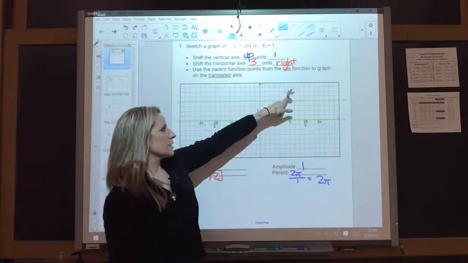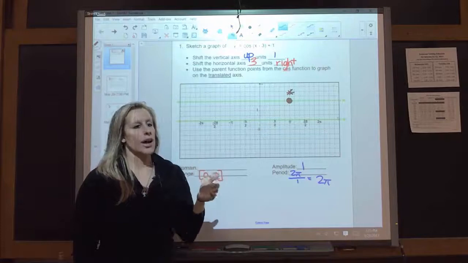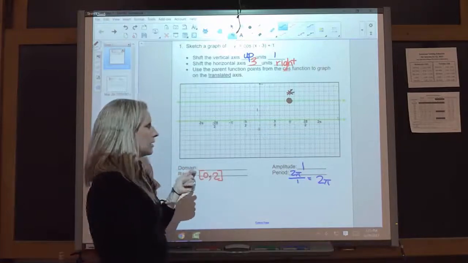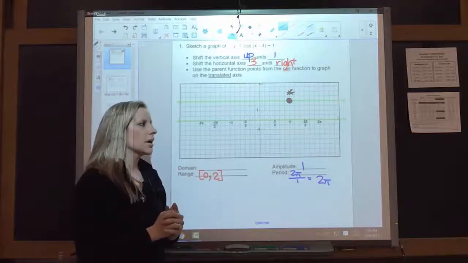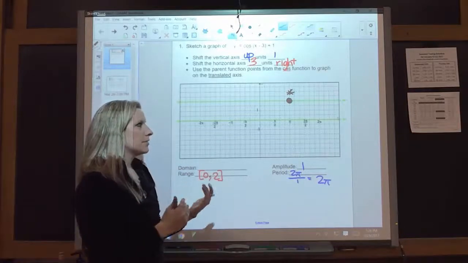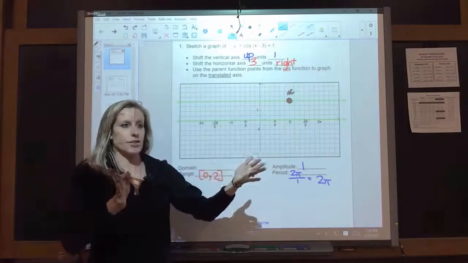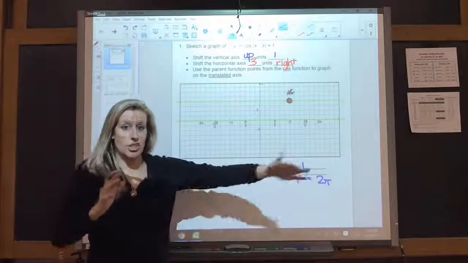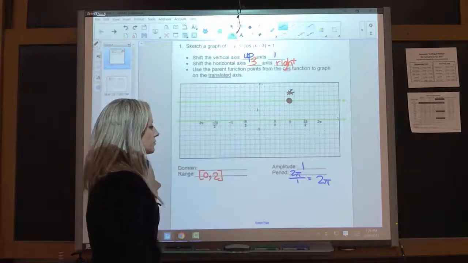I put an asterisk here so I know this is where I'm starting out. Not that there's going to be really a question on it because it's going to keep going on forever and ever. But for me it helps, especially when we start changing up the period and smushing it together and stretching it out.